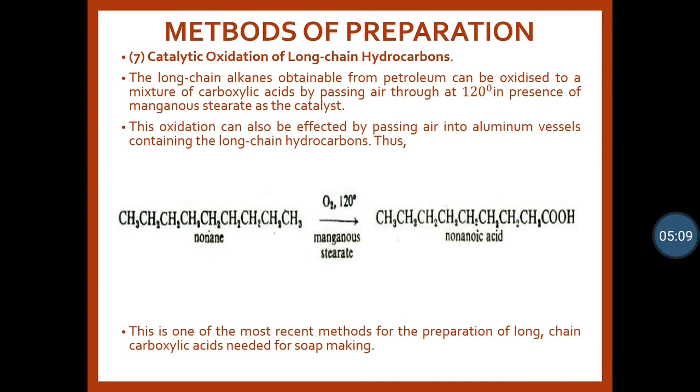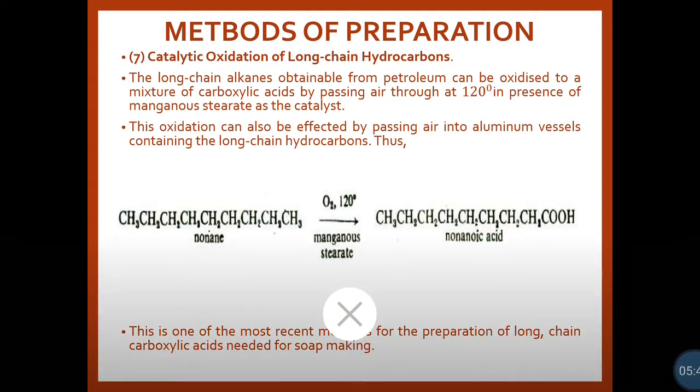Then the seventh reaction, that is catalytic oxidation of long chain hydrocarbons. The long chain alkane obtainable from petroleum can be oxidized to a mixture of carboxylic acids by passing air through it at 120 degrees in the presence of manganese stearate as a catalyst. This oxidation can also be effected by passing air into an aluminium vessel containing the long chain hydrocarbon.